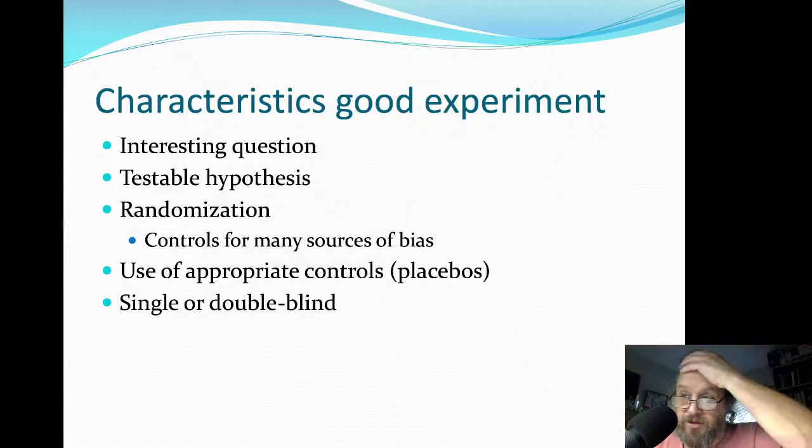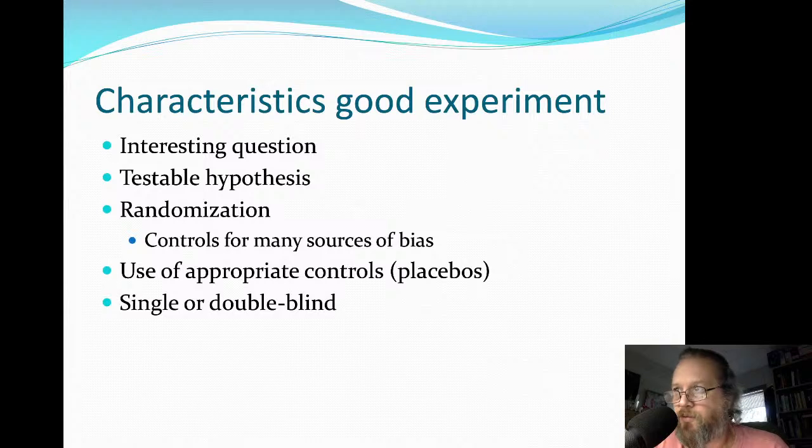Because you can imagine, it's a fairly obvious thing. Look, you've been paid by a pharmaceutical company, we'll say, to test the effectiveness of this new drug treatment, right? So what's the answer that you want to get? You want to be able to show that the treatment works, right? You'd like to continue to do business with the pharmaceutical company. It's your job, right? But the randomization eliminates that source of bias.